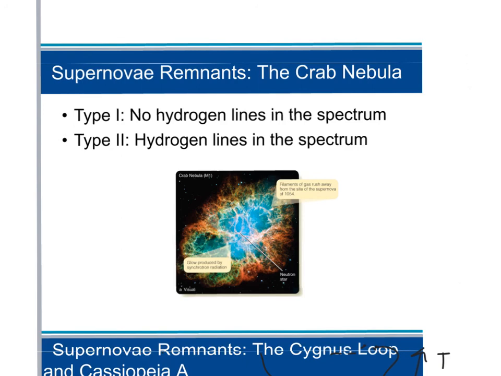A type 1 remnant has no hydrogen lines in the spectrum, but type 2 still has some hydrogen lines. A type 2 means that hydrogen wasn't completely depleted. So the star died even though it still had some hydrogen left.